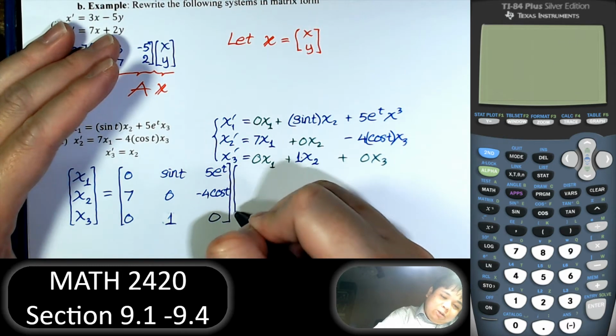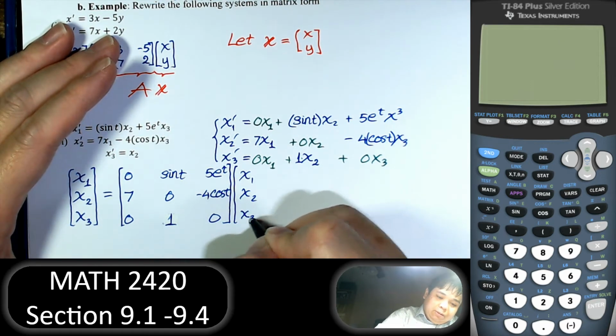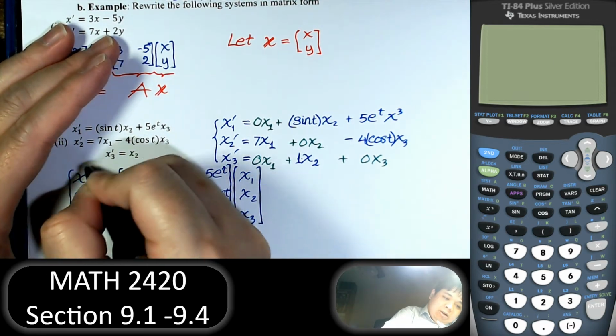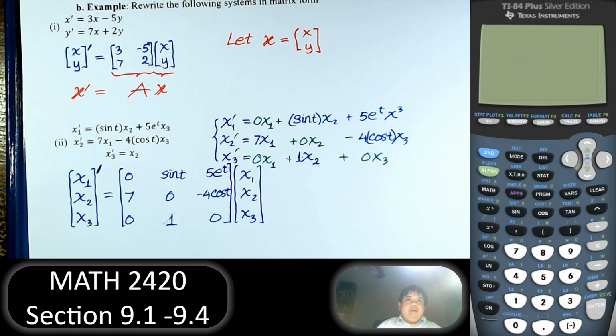The x1, x2, x3 will be in this column. And then, of course, on the other side we have x1, x2, x3, but with the derivative. So yes, we can write that as a matrix equation.